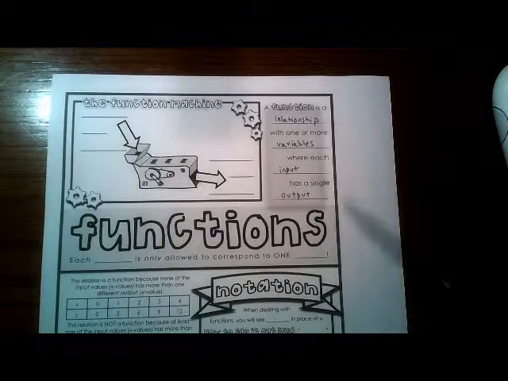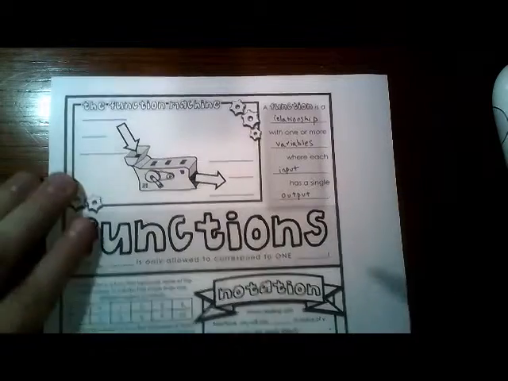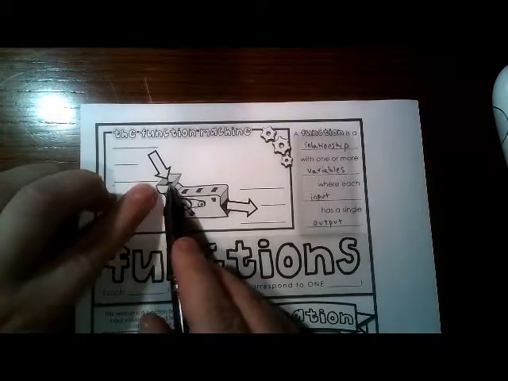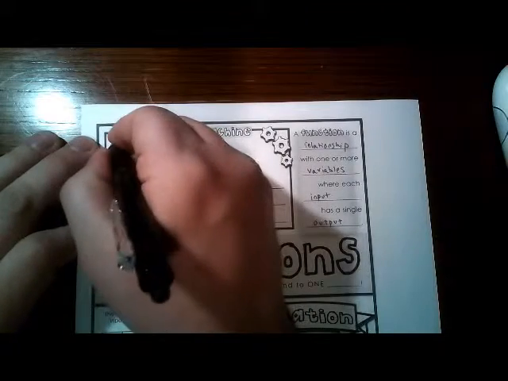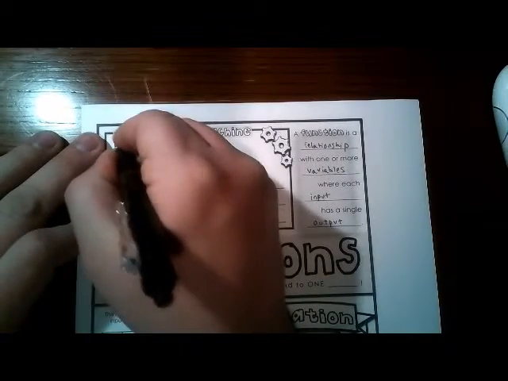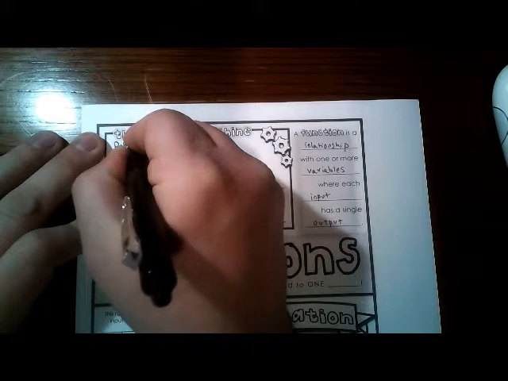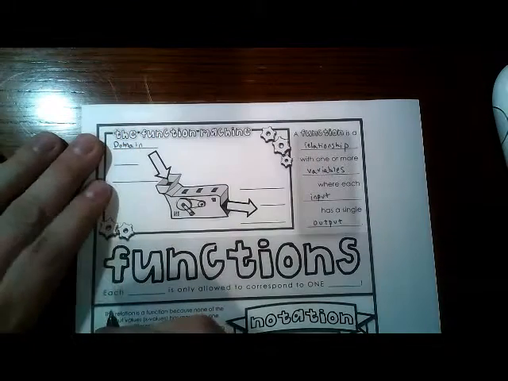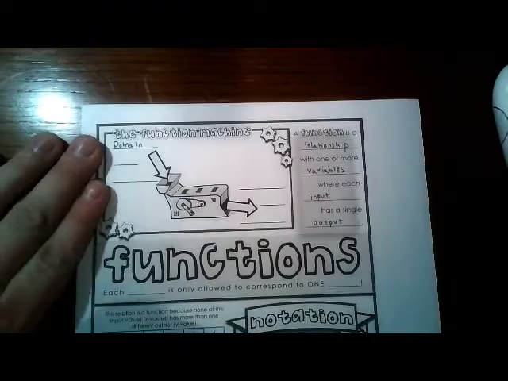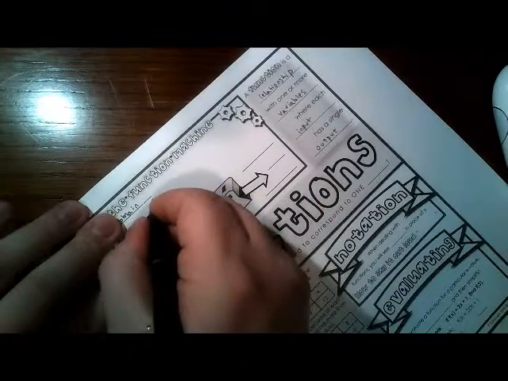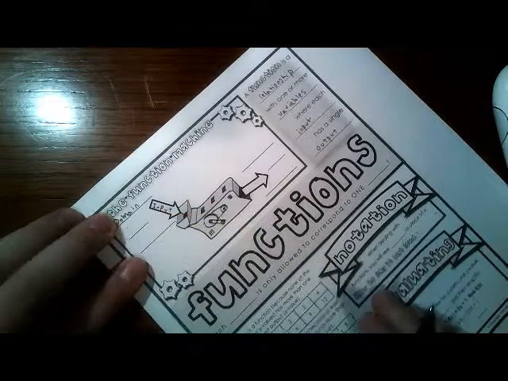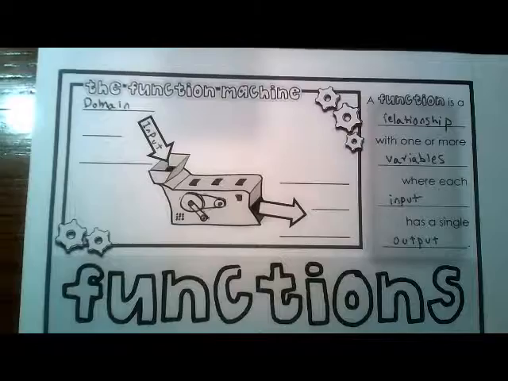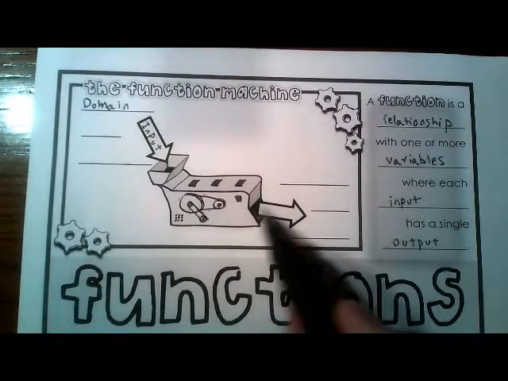And there are different parts of the machine. Okay? This part here, well, this is the domain. Okay? And domain is the input. Domain, that's where we input things into the machine.